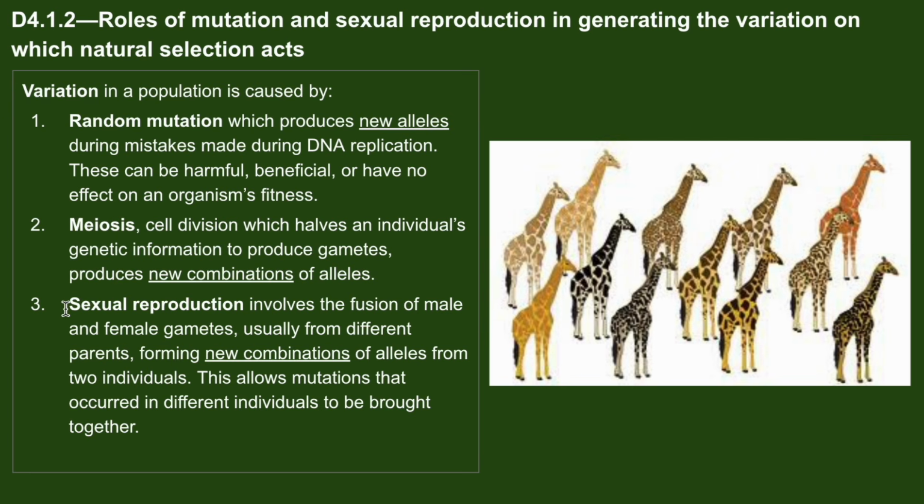Next, a different way that also provides that variation once those random mutations have occurred is just sexual reproduction. Which male and which female gamete end up fusing? We're going to have new combinations of alleles from two individuals. And so if there are mutations that occurred in different individuals, at this point they can be brought together.